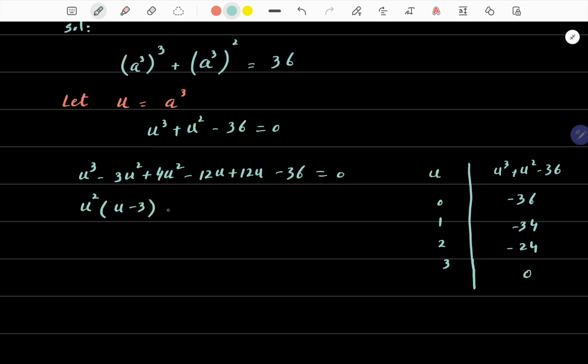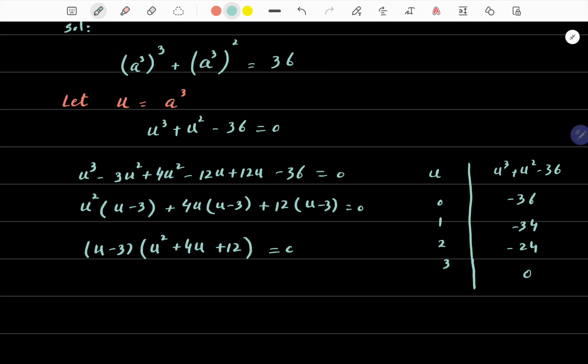Taking 4u common from the second two terms, we will get 4u into u minus 3. And then taking 12 common, we will get u minus 3, that is equal to 0. Taking u minus 3 common, we will get u square plus 4u plus 12, that is equal to 0.